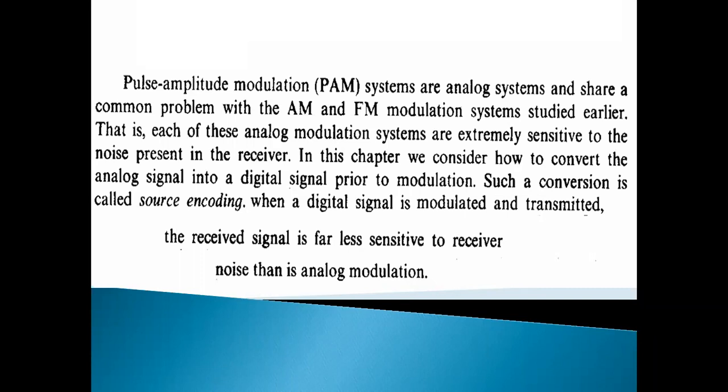Pulse amplitude, pulse width and pulse position modulation, like AM and FM, are extremely sensitive to noise. In this chapter we will also discuss the conversion of analog to digital, because digital signals are less sensitive to noise, whereas analog signals are more sensitive to noise.